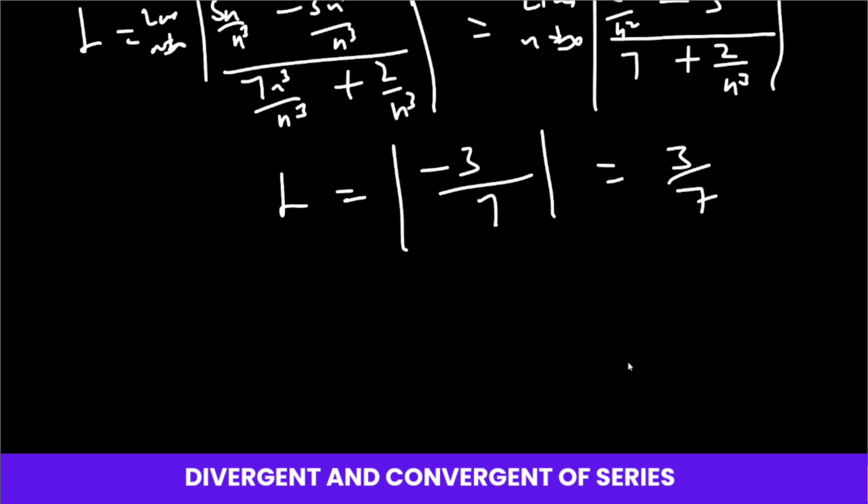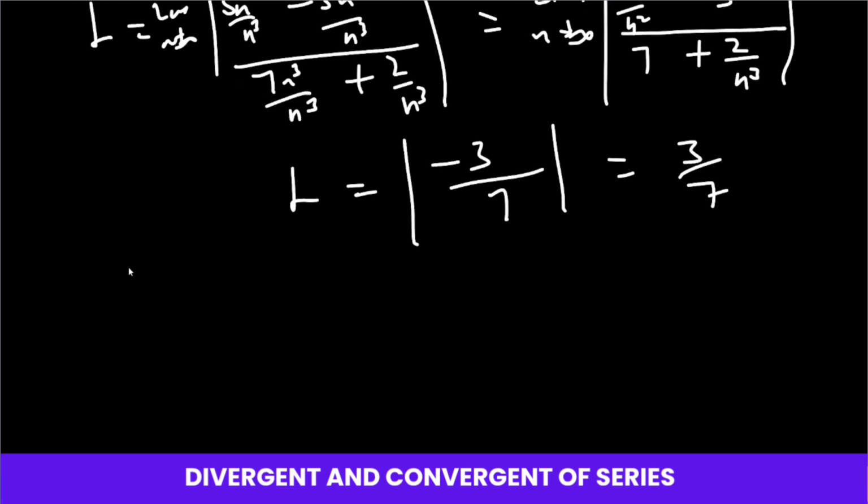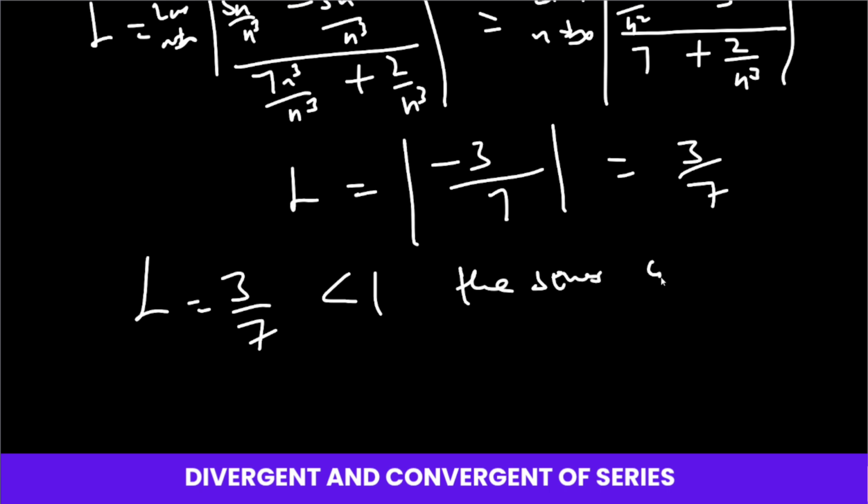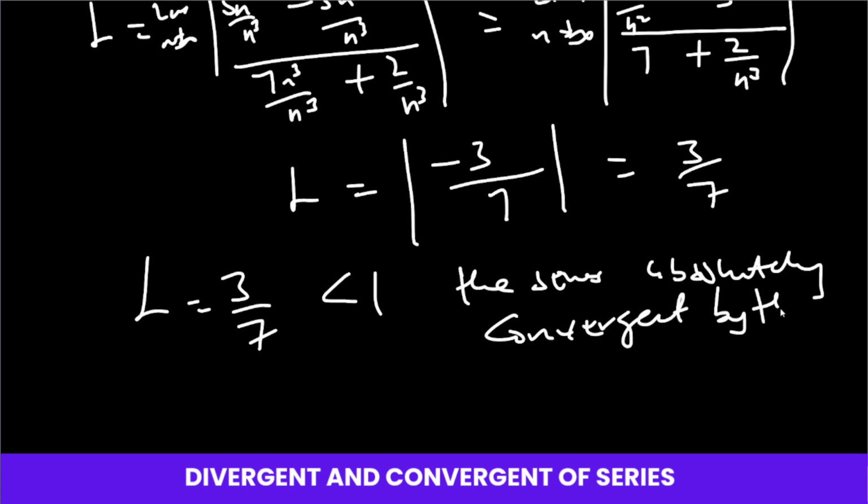So the value of L is equal to 3 on 7, and it's less than 1. So the series is absolutely convergent by the root test.